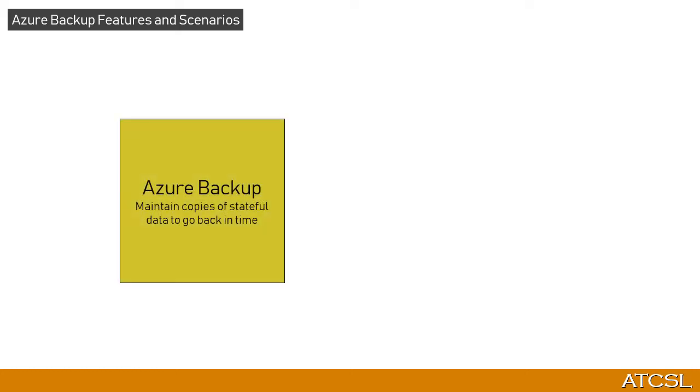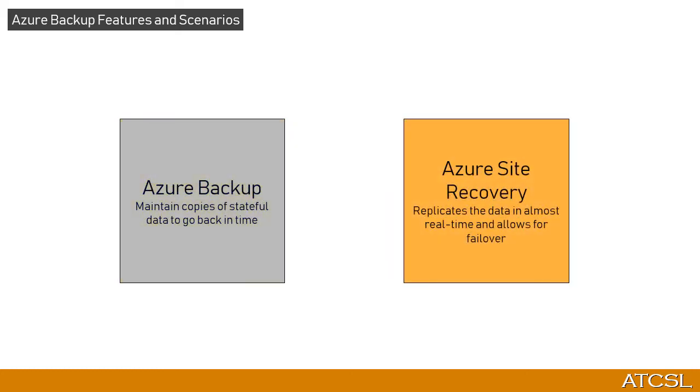Both backup and site recovery aim to make the system more resilient to faults and failures. However, while the primary goal of backup is to maintain copies of stateful data that allow you to go back in time, site recovery replicates the data in almost real time and allows for a failover. In that sense, if there are issues like network or power outages, you can use availability zones.